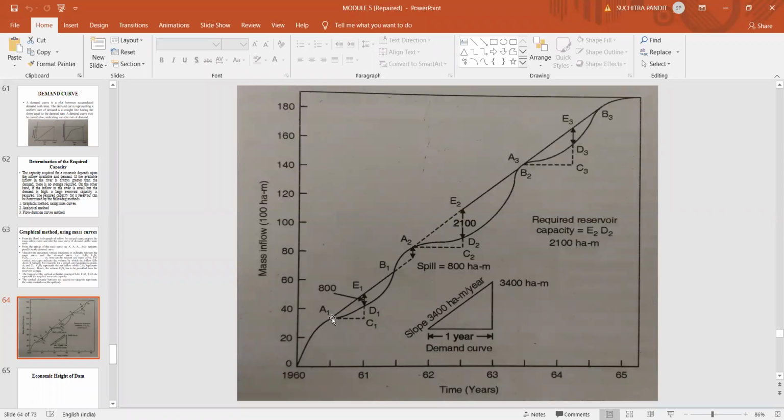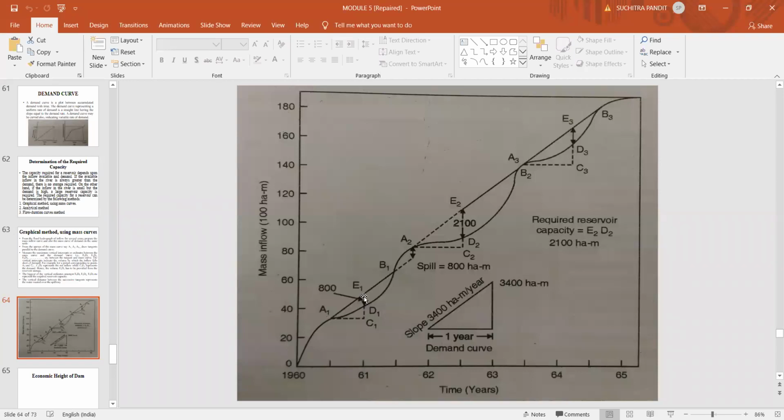These are the apices of the mass curve, A1, A2, A3, A4, and these are the lines drawn from the apices, parallel to the demand curve. Now here you can call this point E1, this D1 and this C1. Now you draw a dotted line here. From this graph, you can calculate the required storage capacity of the reservoir.